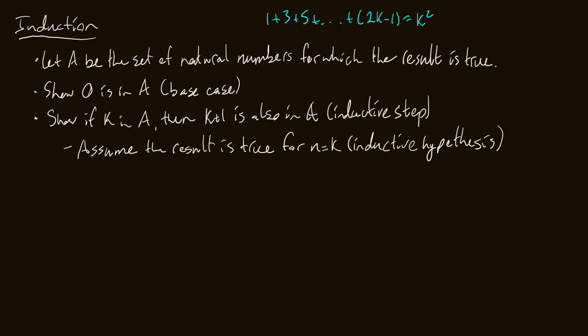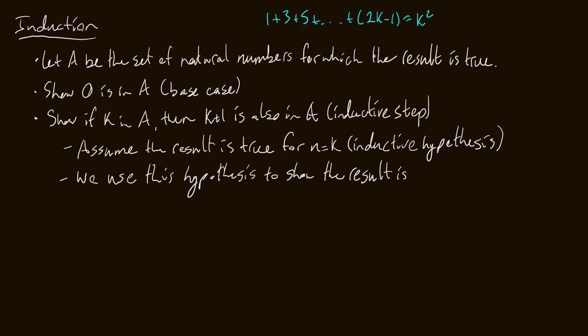So it's important that we have these names. So we assume that the result is true for n equals k, where k is some natural number. That's the inductive hypothesis. And the next thing we do is we use this hypothesis to show the result is true.